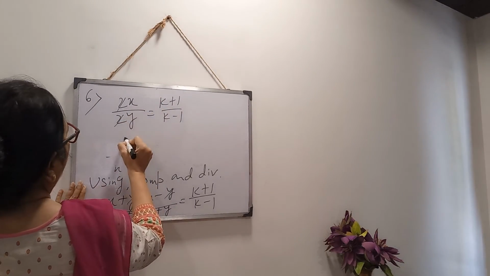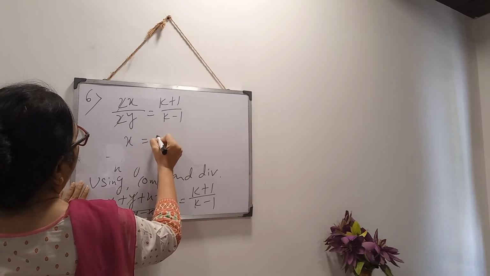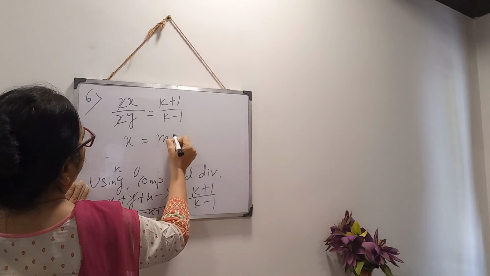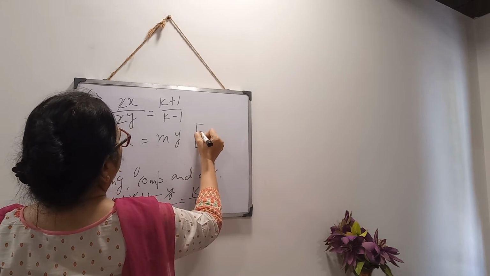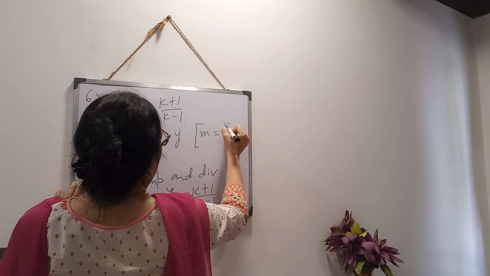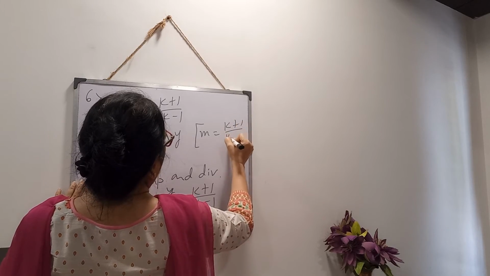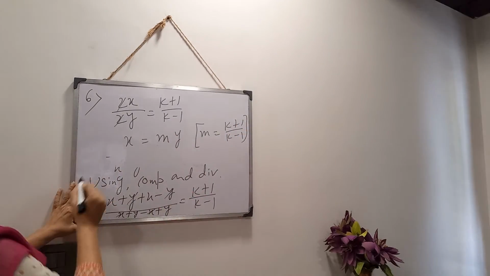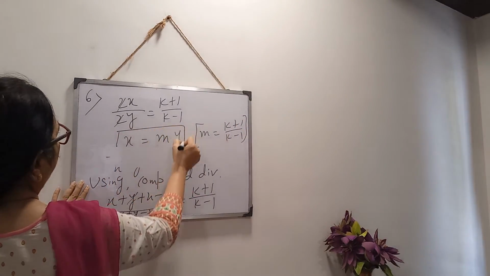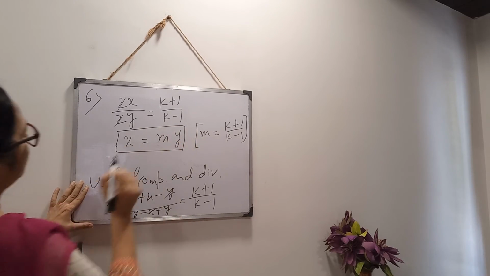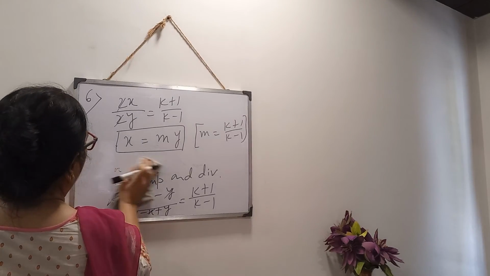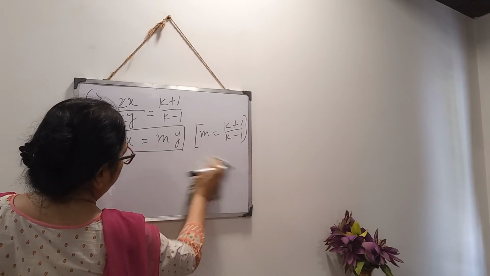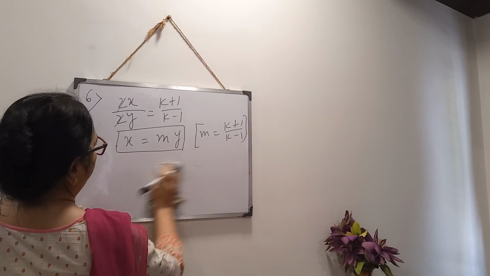It is a big constant, so in place of this I am writing m, where m equals k plus 1 by k minus 1. Keep this in a box: x equals m into y. This we will apply in all the parts. There may be 3 or 4 parts.